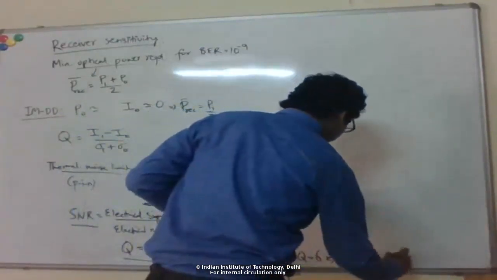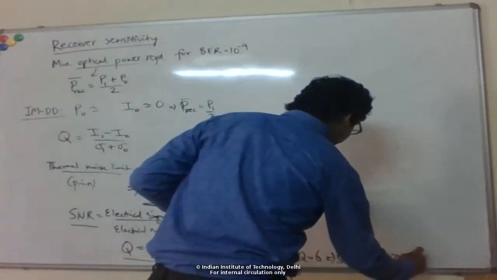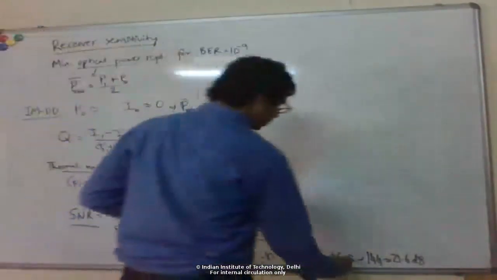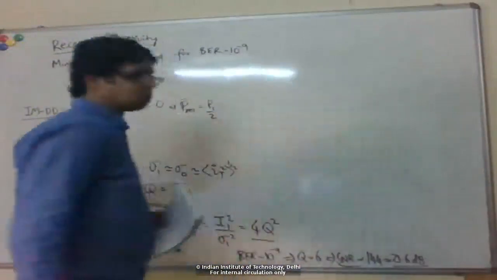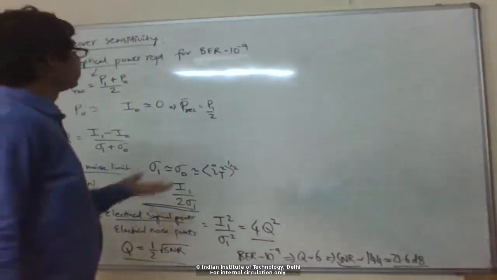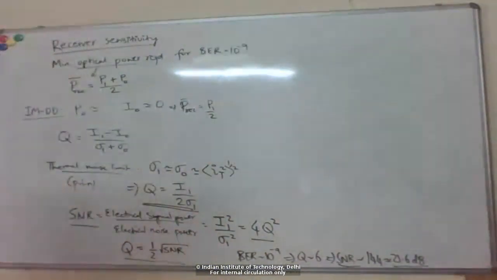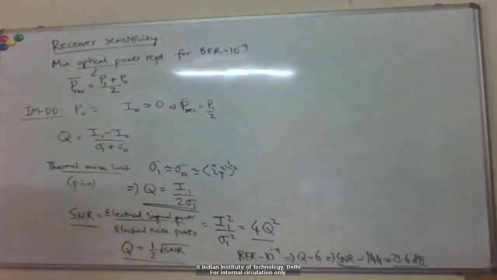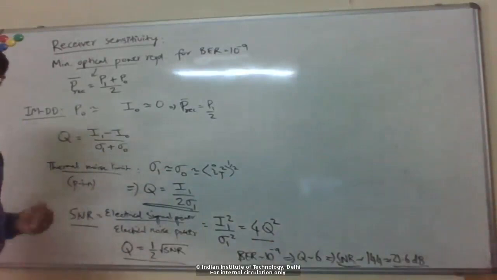That's about 21.6 dB. So that's the kind of SNR we are talking about for bit error rates of 10 to the minus 9, for an IMDD link operating in the thermal noise limit, which is what we typically have if we use a PIN detector.